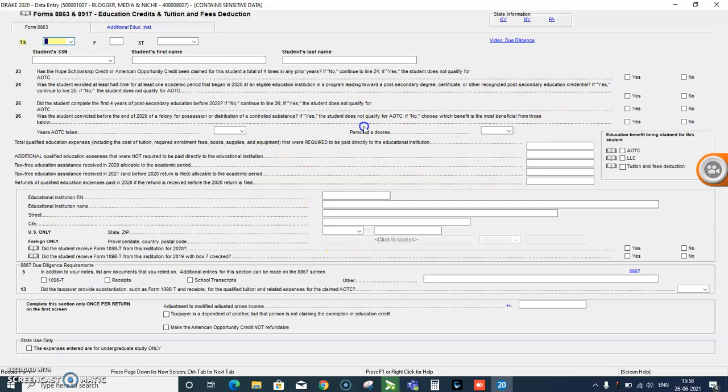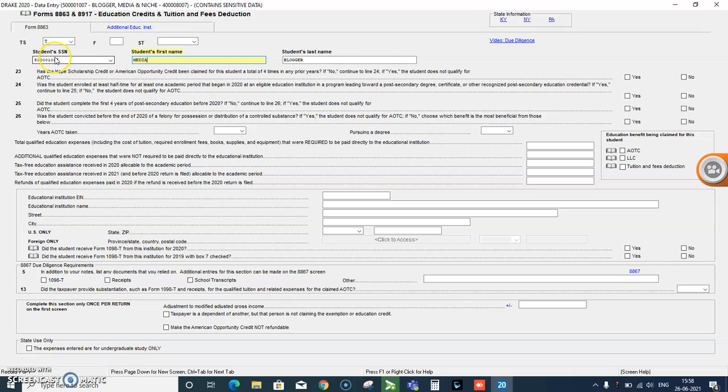Whichever qualifies from form 1098-T, you will be eligible to take either the deduction or the credit. You have to select from here for whom the 1098-T has been issued by the filer. I have taken the taxpayer, assuming he is the student.